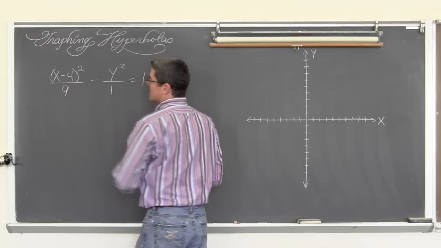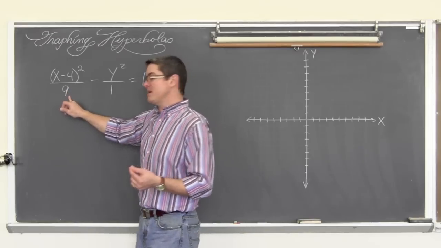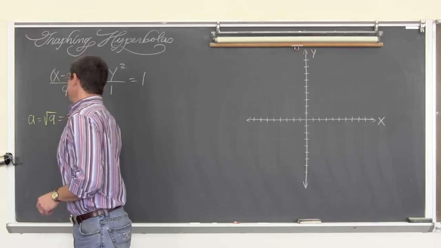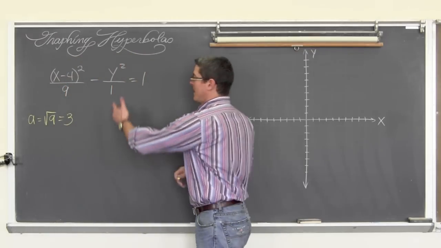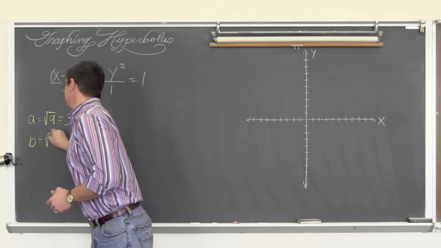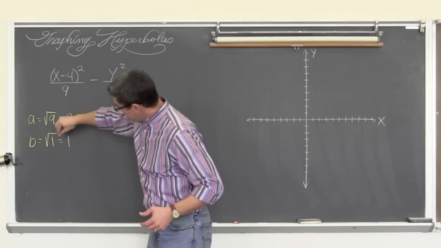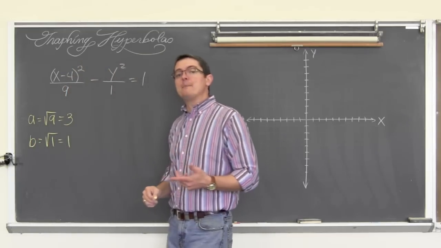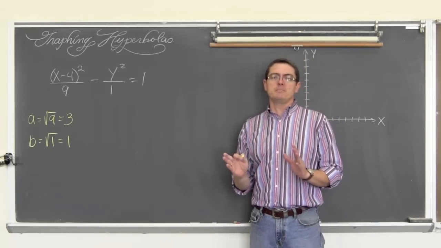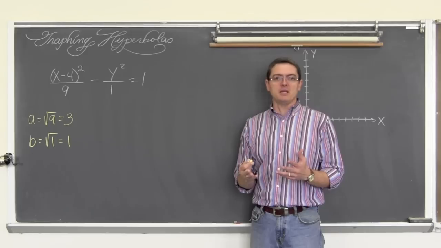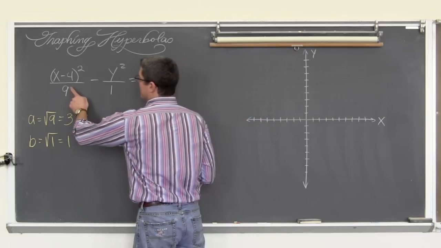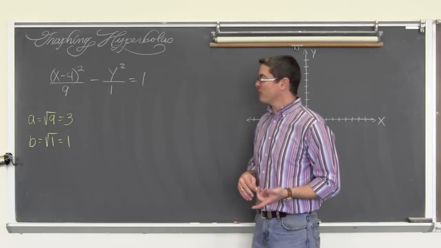So a is going to be found by taking the square root of 9, which is equal to 3, and b is going to be the square root of 1. Now, in this example, a does happen to be larger than b, but remember, that rule that a must be larger than b is only true for ellipses. In hyperbolas, a comes from square rooting the denominator of the positive fraction.